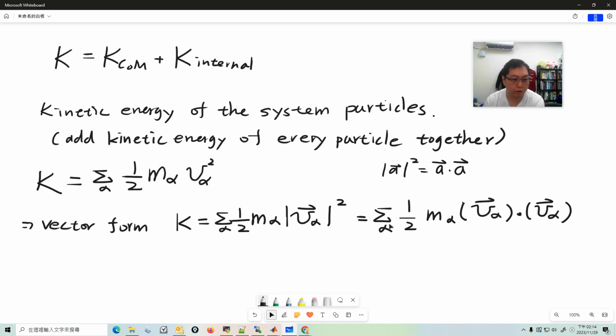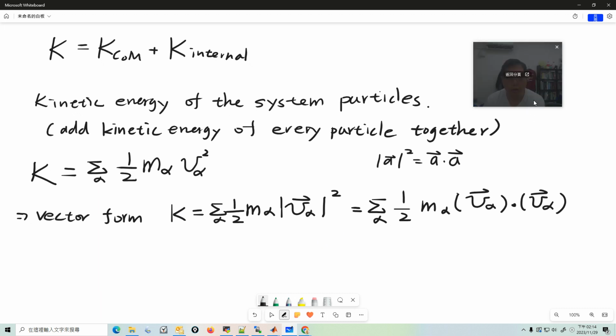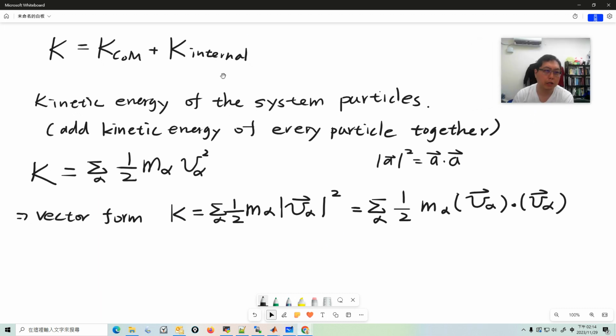So first of all, let's write down the vector form of the total kinetic energy of the system. Now, for internal kinetic energy, we introduce a concept called the center of mass frame, or zero momentum frame. In that frame, the observer is moving along with the center of mass, or you can say the observer is sitting on the center of mass.